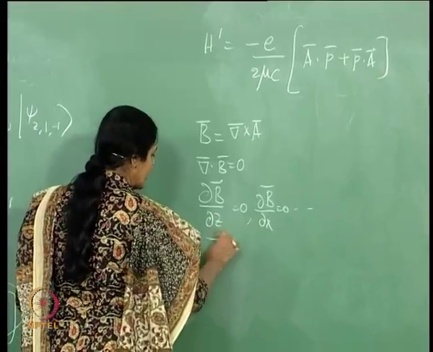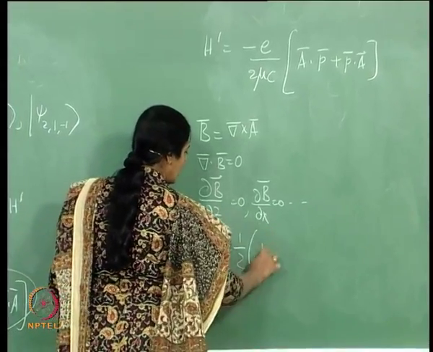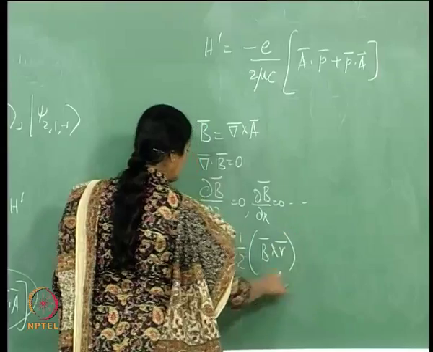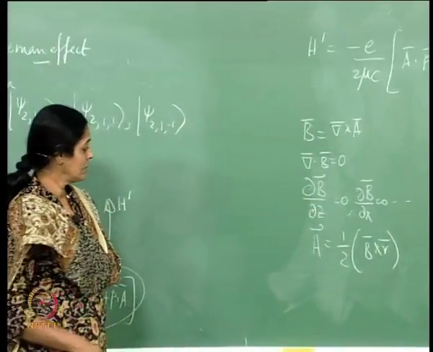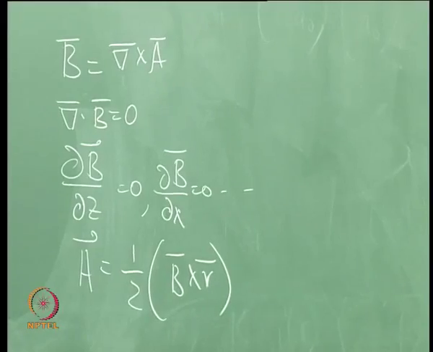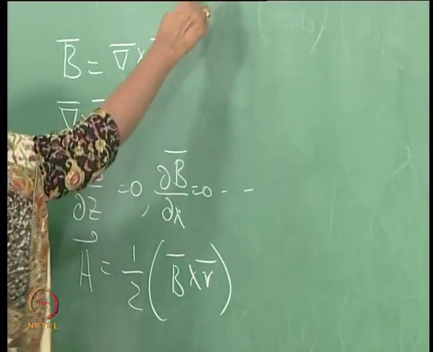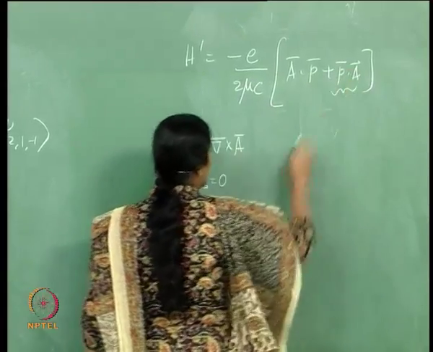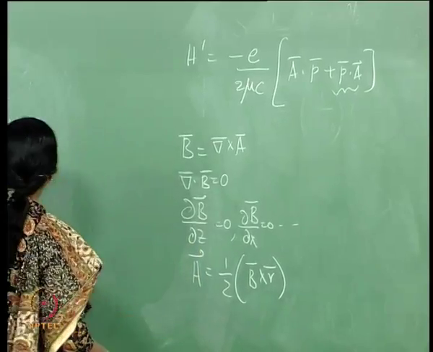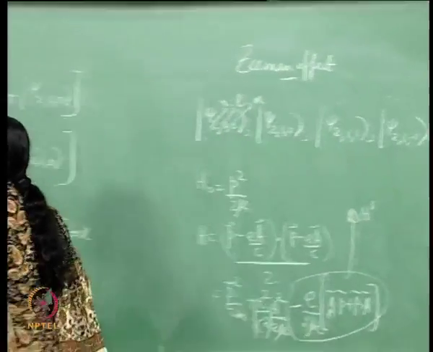And therefore, I can write A as half B cross r. We will use this later, but look at p dot A. Consider p dot A.